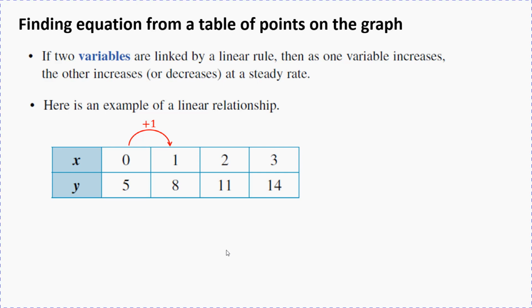That's what we call run, because that's the increase in x. So how about y? From 5 to 8, it increases by 3. Does it mean every time you increase x by 1, then y increases by 3? You can't conclude that at this moment because you need to check more pairs of points before you can conclude.